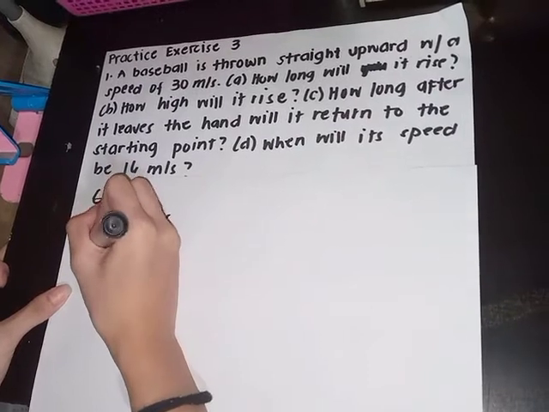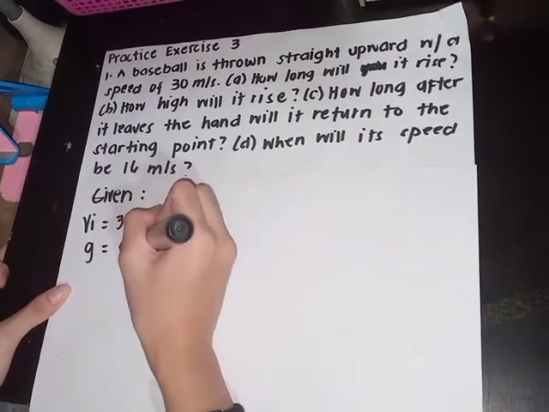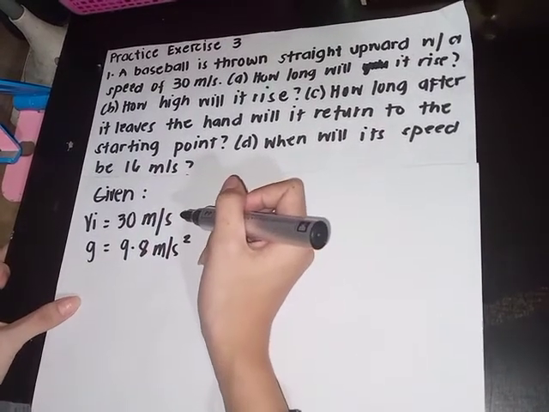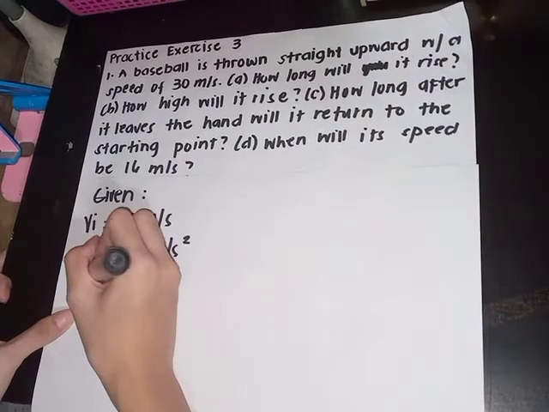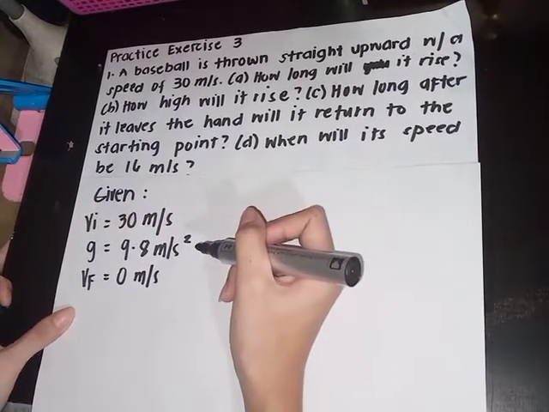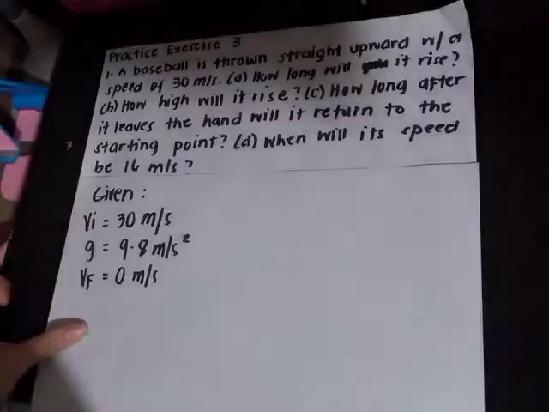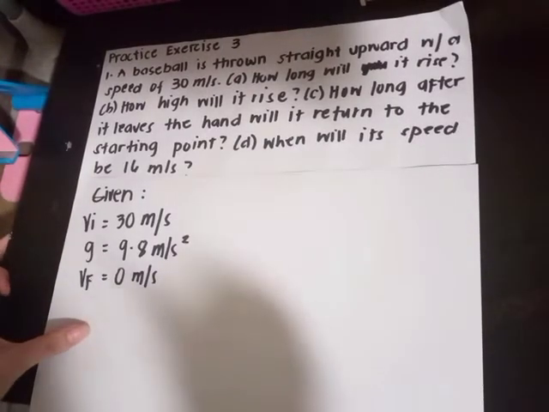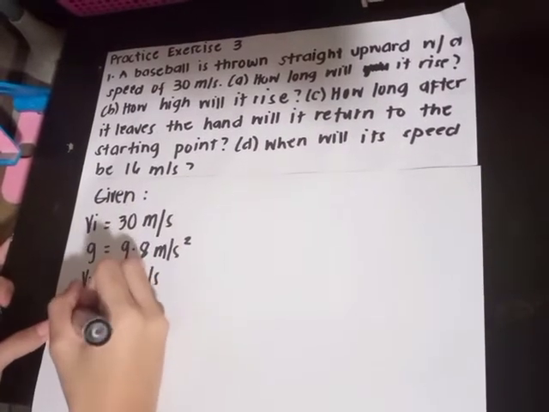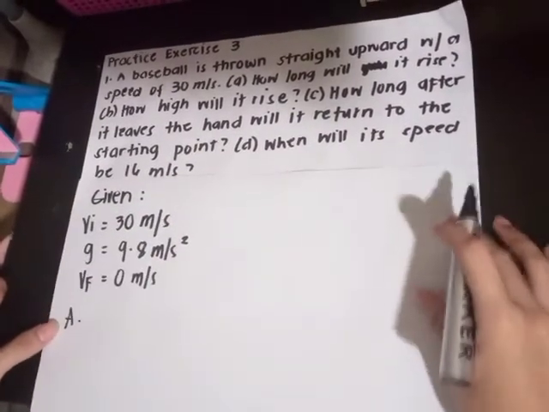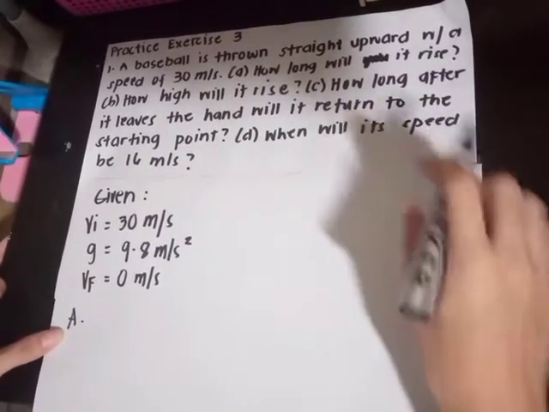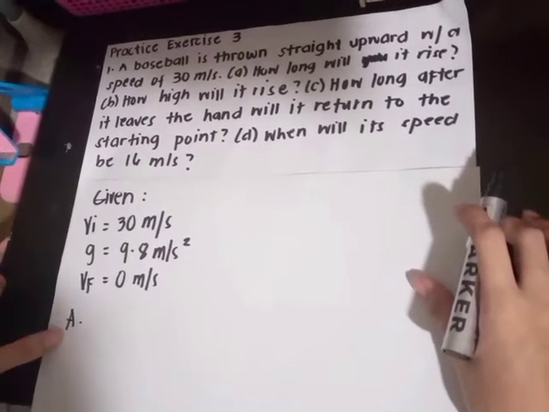So, we also have a gravity that is 9.8 meter per second squared, and the final velocity of 0 meter per second. So, what we have to find is the time. So, in letter A, we have to find the time. Because the question is how long will it rise.